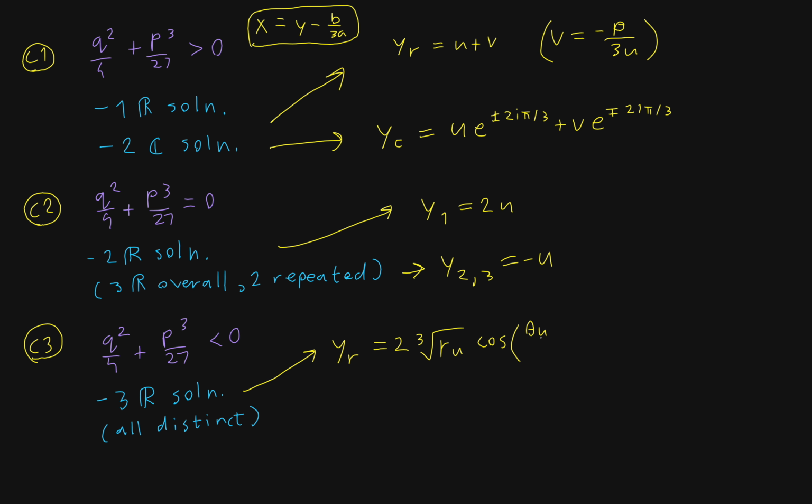These things are going to be plus or minus. With cosine, it's absolute, so theta of u over 3 plus 2 pi n over 3, where n is equal to 0, 1, and 2.